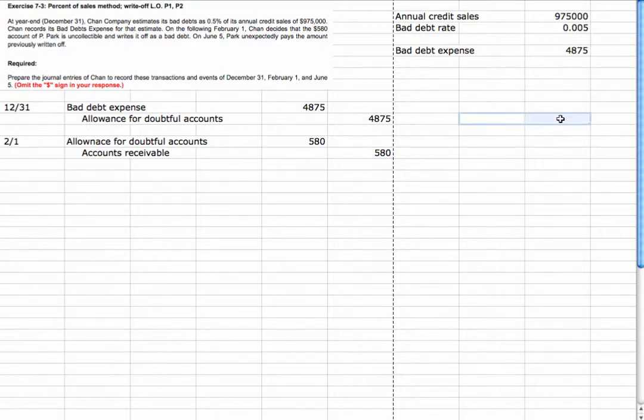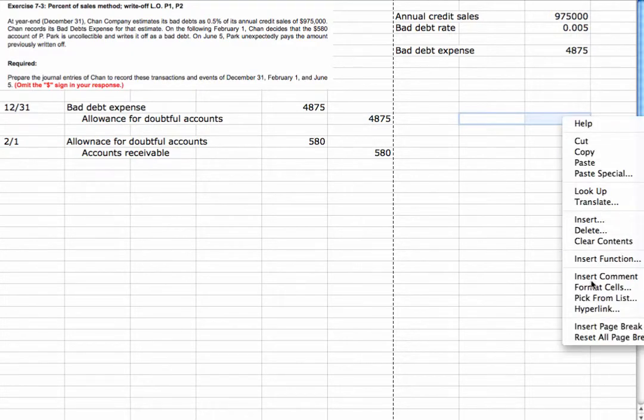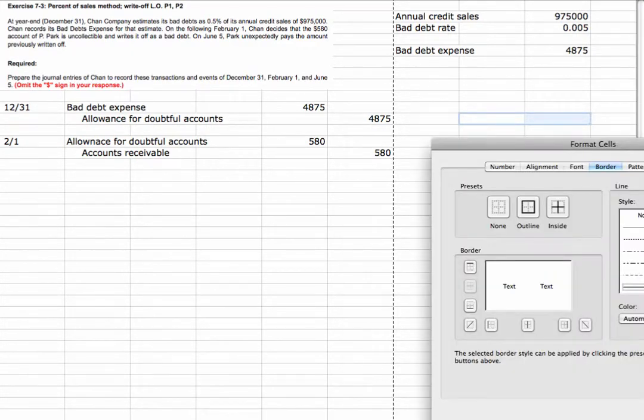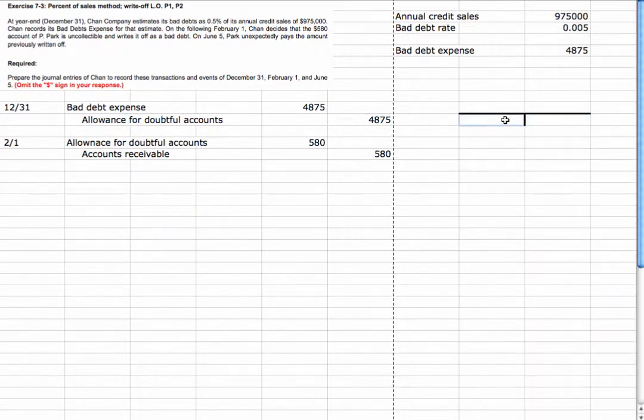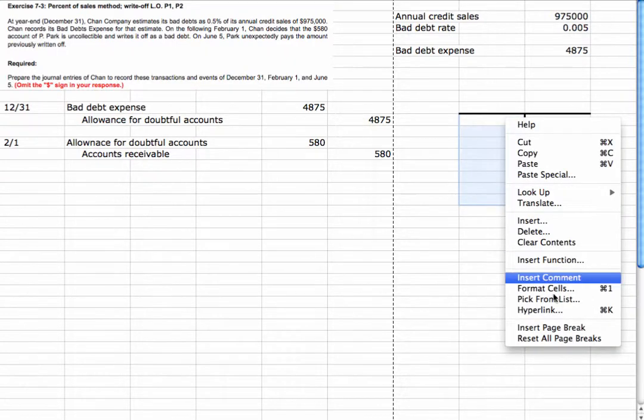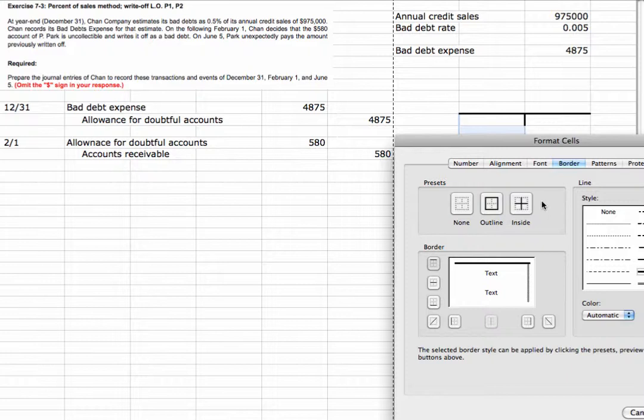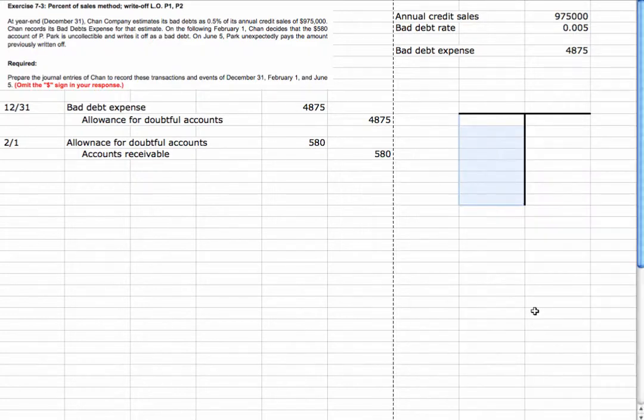So if we're doing a T account here, let me draw a T account. Let me give me a little more space here, and let's draw another one here.